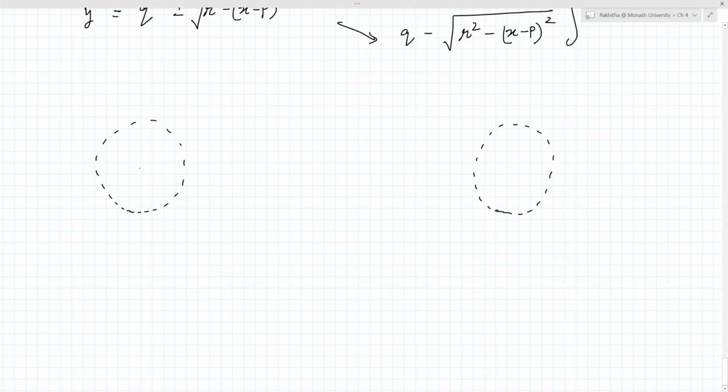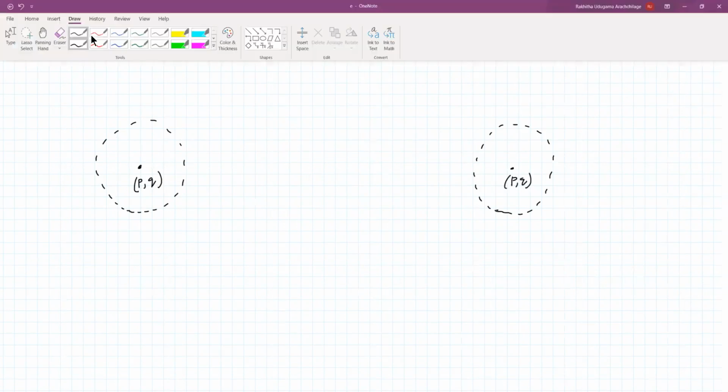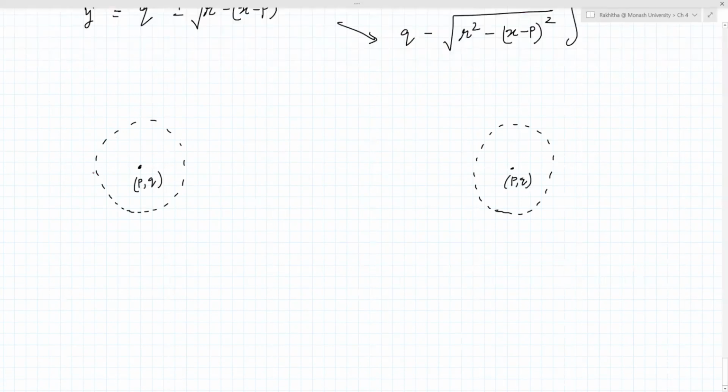Okay. Now here, my center of the circle is at (p, q). Now, if I'm talking about this half circle, what would be my equation? How do you understand that? Look at this logic.